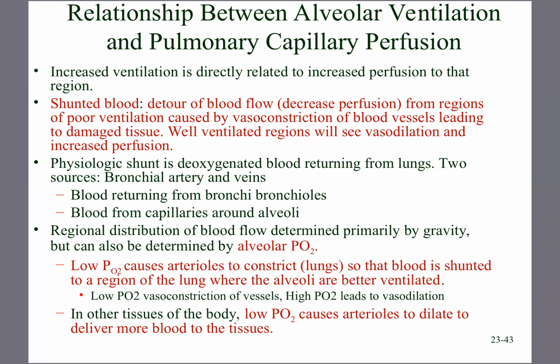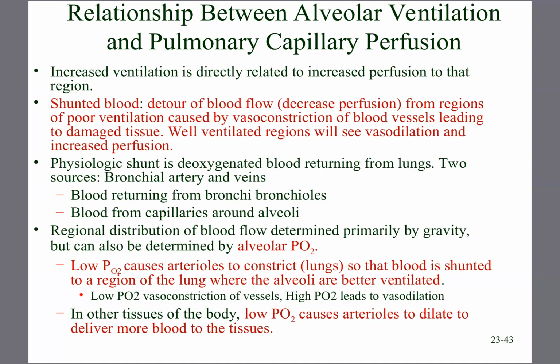The opposite is true in systemic circulation. In systemic circulation, areas with low PO2, low oxygen, mean that they're more active. Our body needs oxygen and glucose to produce ATP. So if I'm working out and jogging, I need a lot of blood flow to my legs.